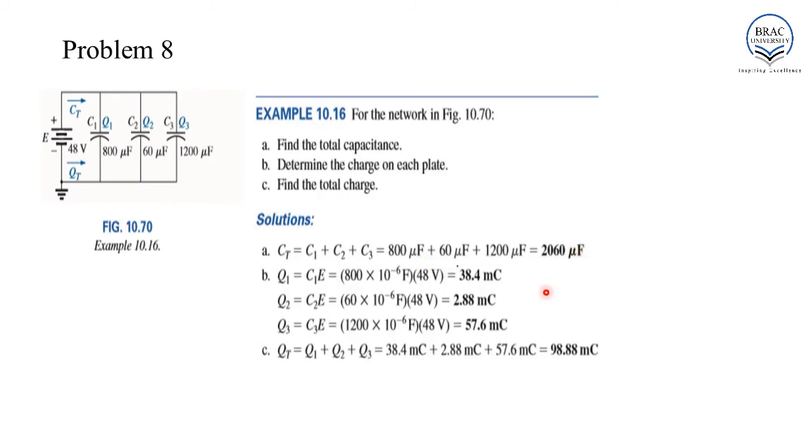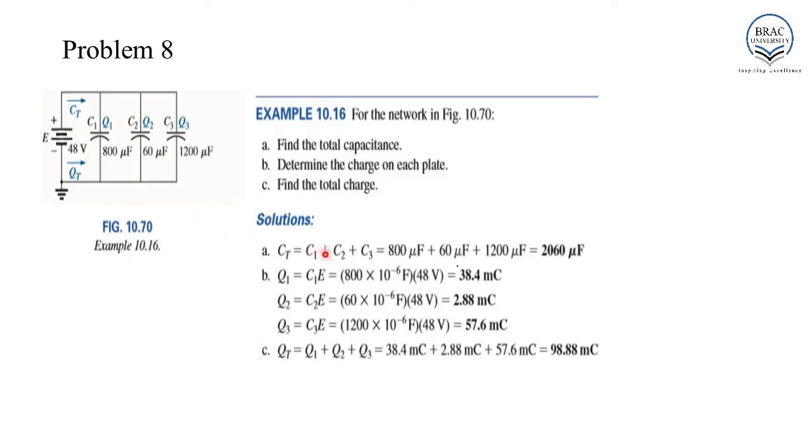In order to determine the charge on each plate, we need to determine the voltage across each capacitor. Now, we know that in parallel configuration, the same voltage will be across each branch.